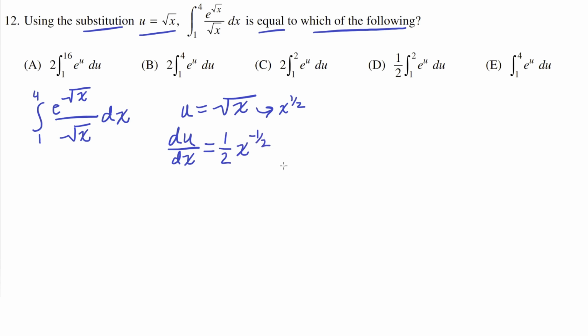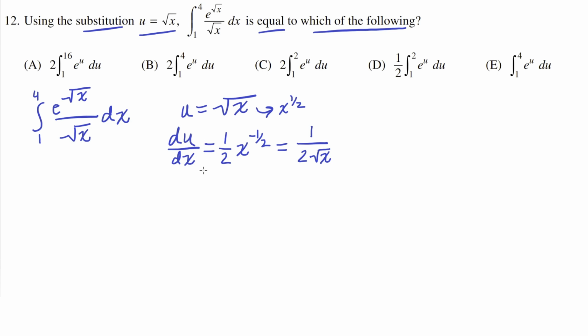So 1/2 minus 1 is negative 1/2. And since this is a negative exponent, we can take this to the denominator. So we'll have 1 over 2x raised to the 1/2, or we can just rewrite x to the 1/2 as the square root of x.